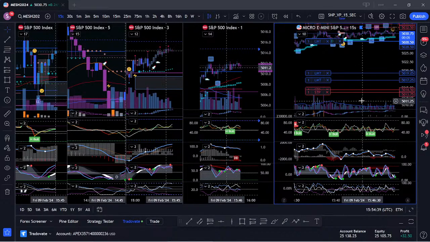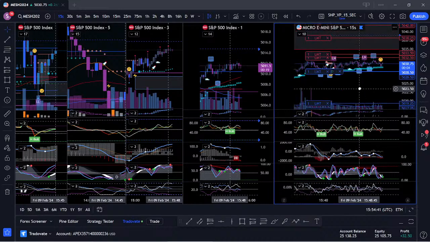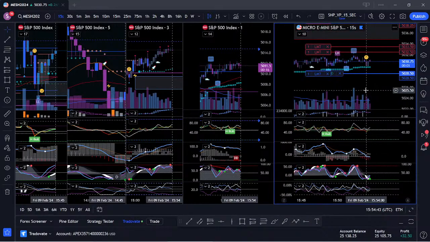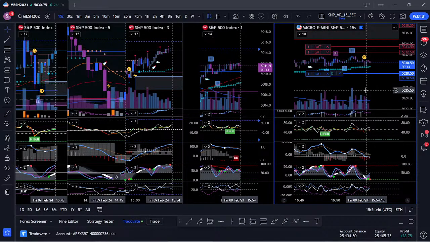Potential on ES. I'll be back. 5 minutes.